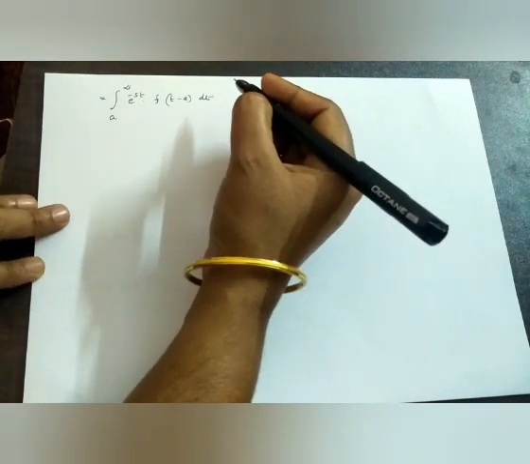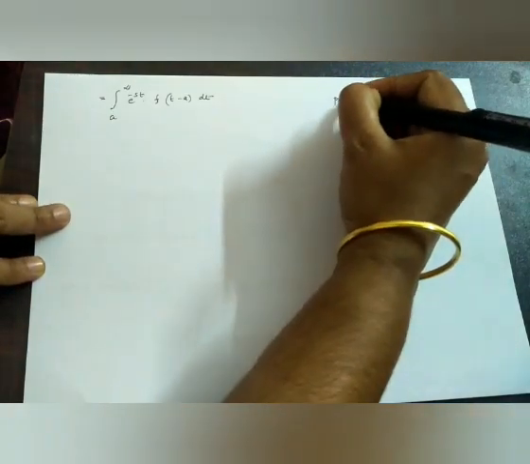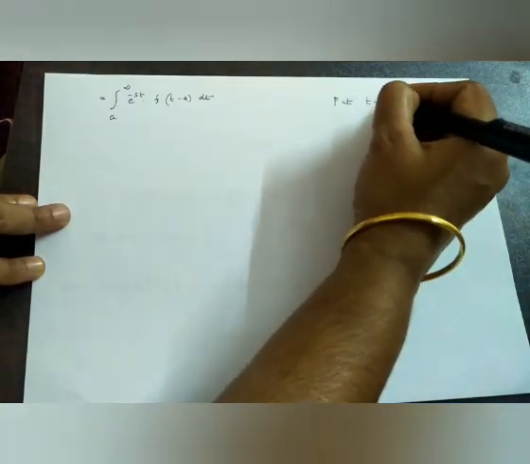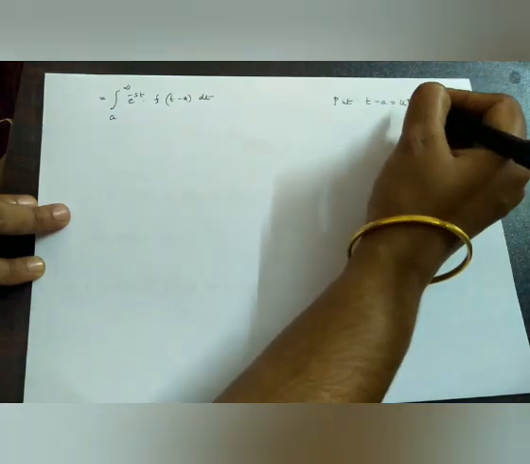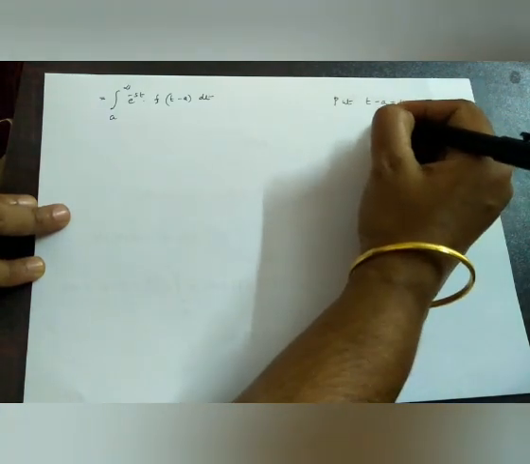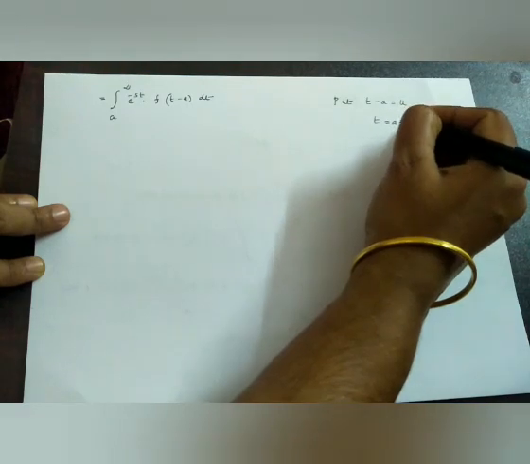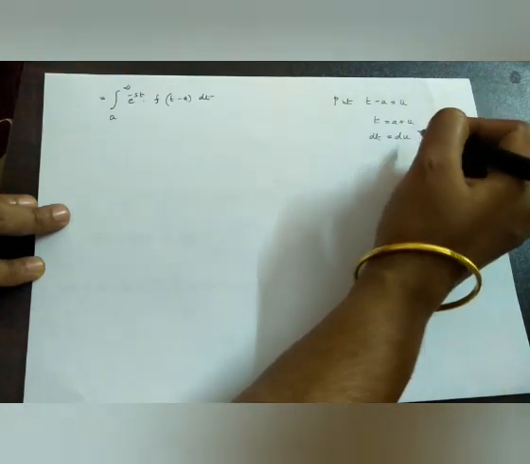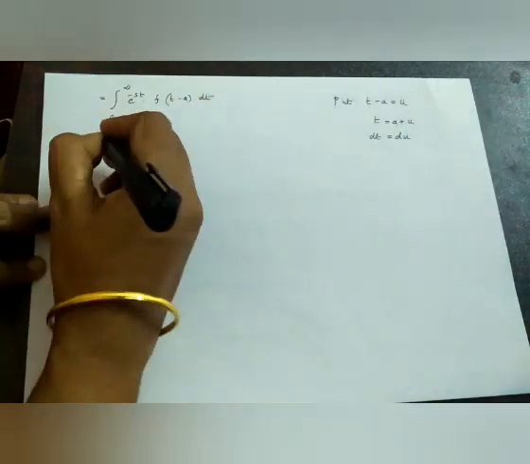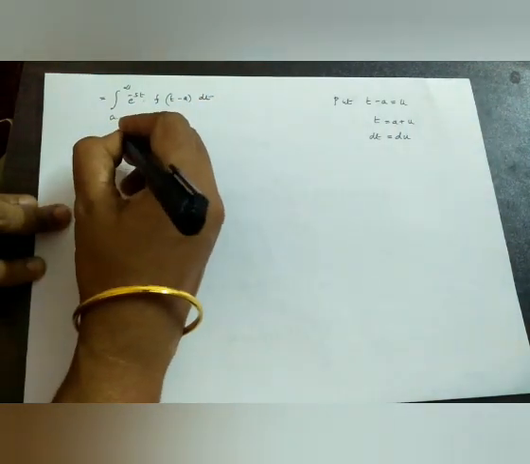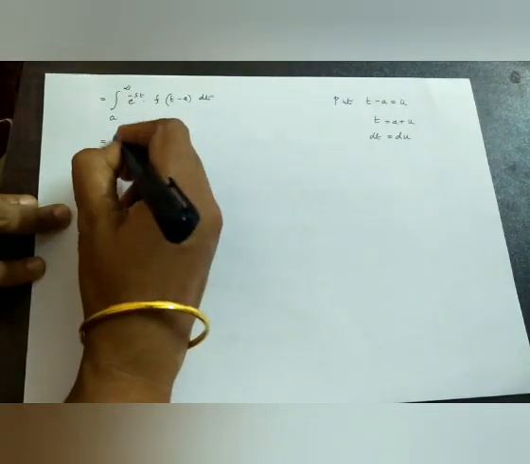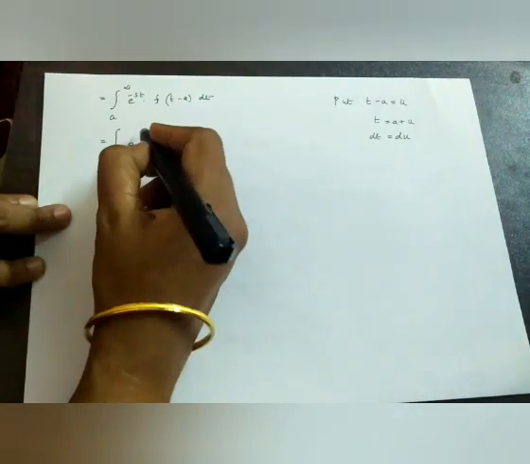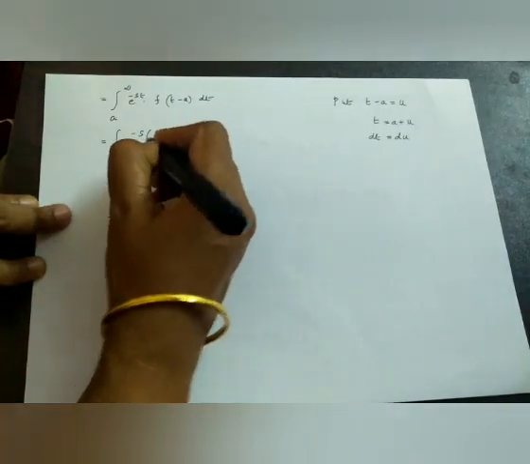Now here put t minus a is equal to u, so that t is equal to a plus u, so that dt becomes equal to du. In the place of t substitute a plus u.